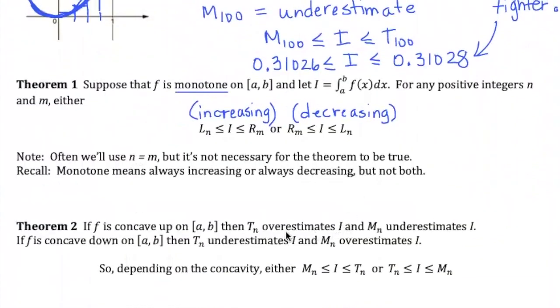It says here your trapezoid is going to be the overestimate. So that's this first trap. Anytime you're concave up, trapezoid is over. And then anytime the concavity switches to concave down, the trapezoidal becomes the underestimate.